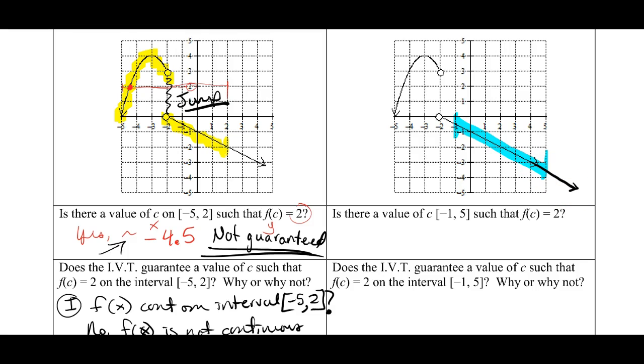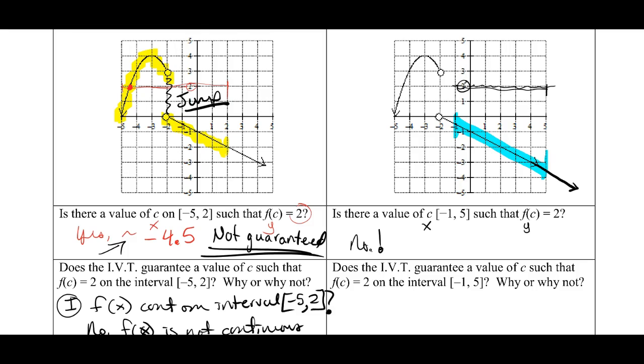First we're asked, is there a value of c, that's an x value, between -1 and 5, such that f of c, that's my y value, equals 2? So here's my 2, and I look all the way along from 1 to 5, and there's no place that my function crosses a y value of 2. So no, there is no such value.